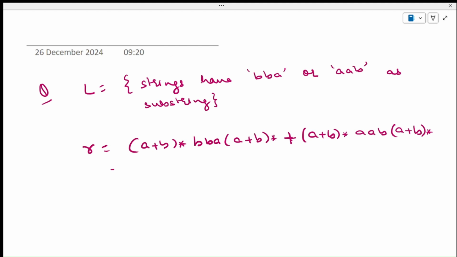What we can do is write it this way: take out (A plus B) whole Kleene closure as common, and then BBA plus AAB, and here (A plus B) whole Kleene closure. This is the regular expression for the given language. The language was the strings having BBA or AAB as substring.